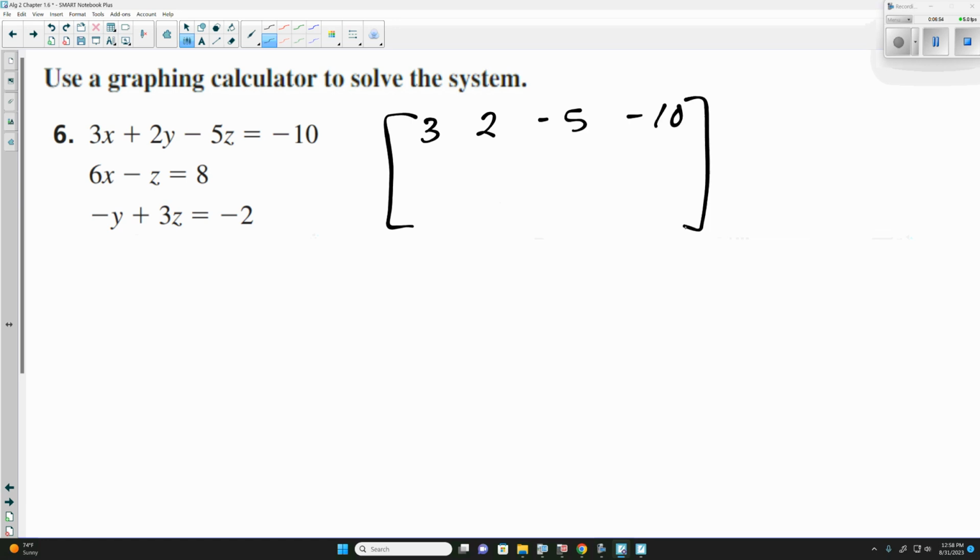Now we're good with the first row being 3, 2, -5, and -10, yes? What would the numbers going across the second row be? 6, 0, -1, 8. Because there is no y, we have to put in a 0 for it. Now since the last one does not have an x, we put in a 0 for it, -1 for y, 3, -2. And this is still a 3 by 4.